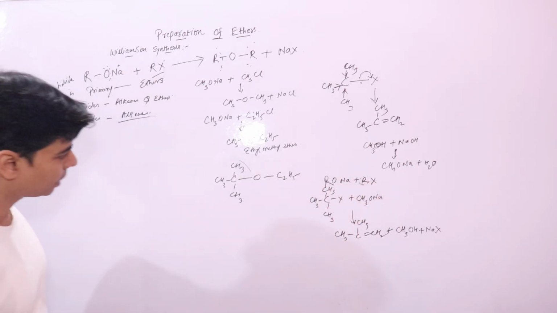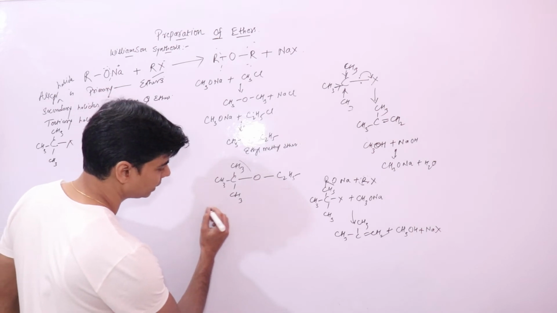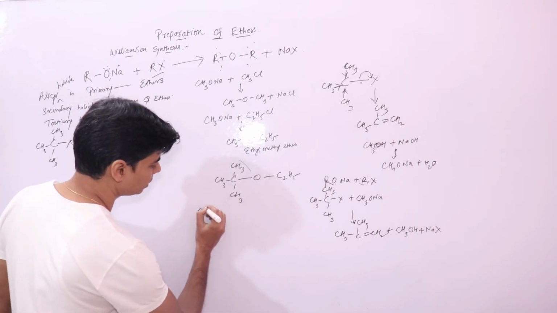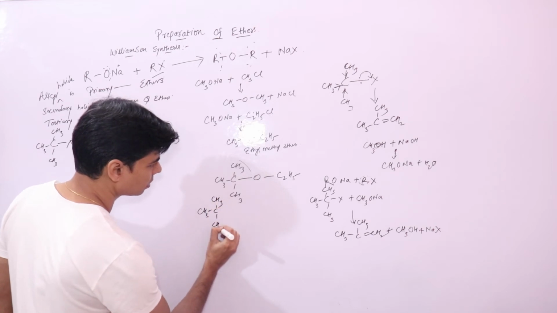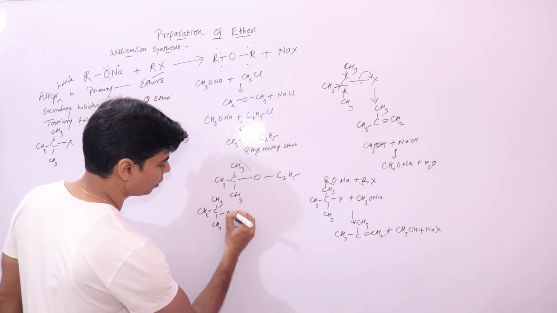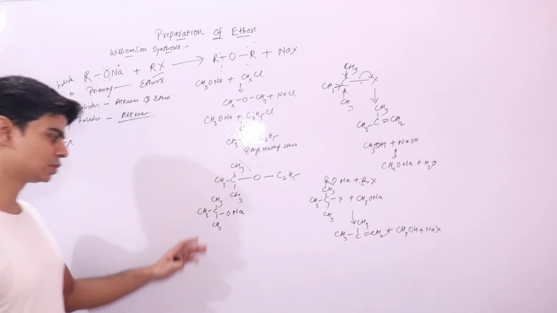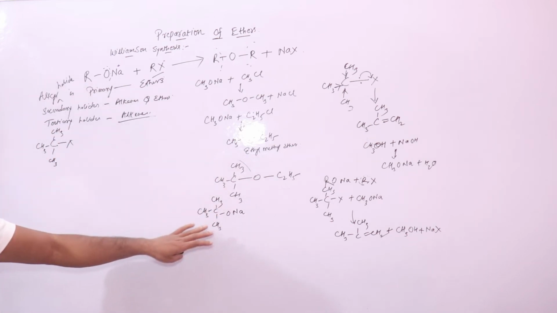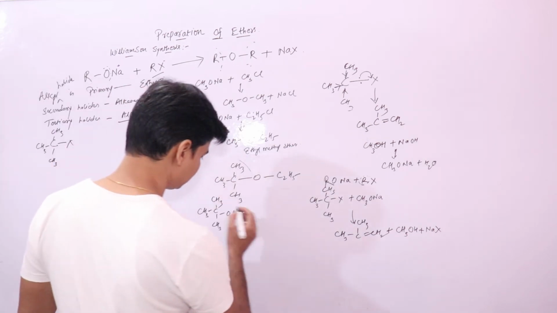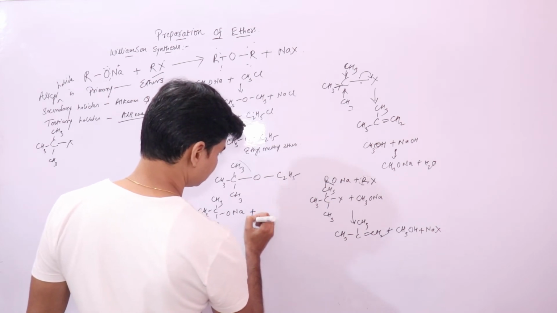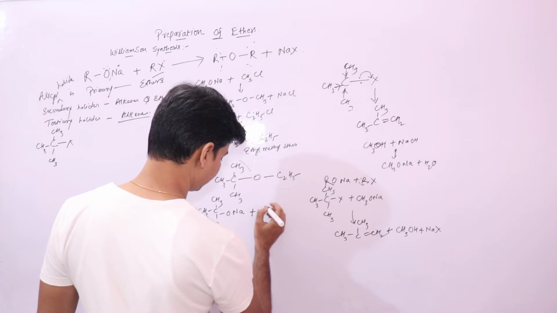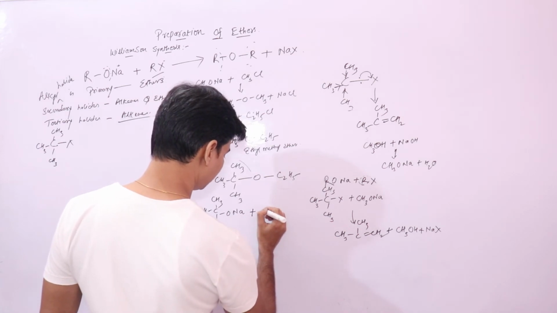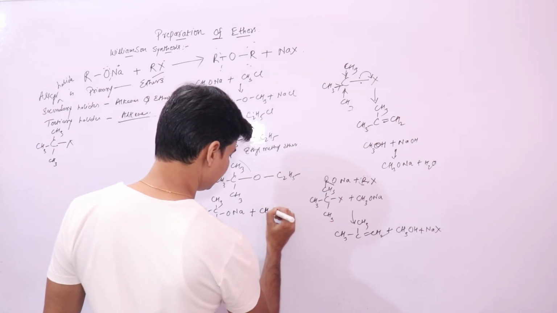But to get this compound, what reactants I will take is CH3ONa, sodium tertiary butoxide, right? So this would be treated with CH3Cl.